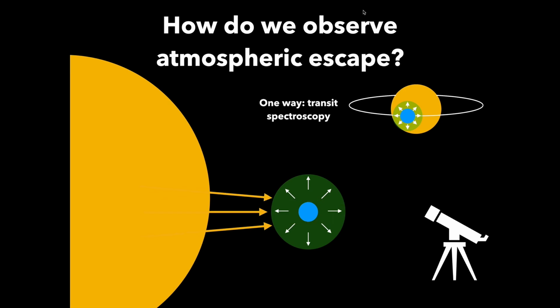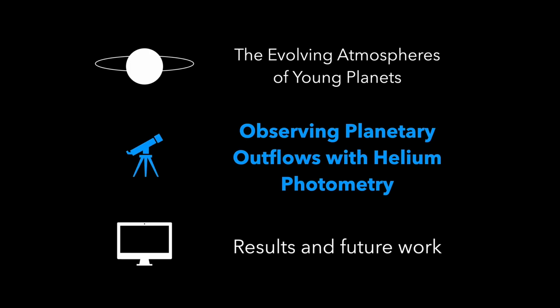And if we can choose to observe at a wavelength where that low-density tenuous gas becomes opaque, then suddenly the planet will absorb, it'll block out much more light, and the planet will appear much larger to us. So now I'll quickly describe how we make these measurements in practice with helium photometry.